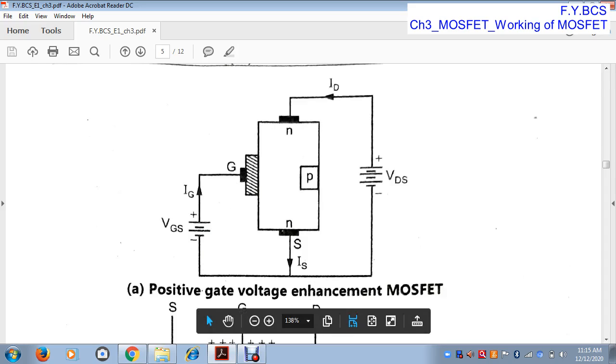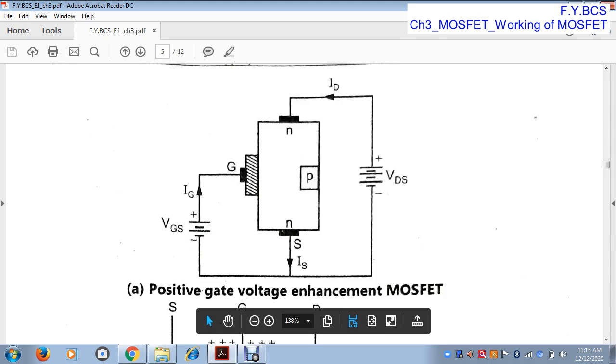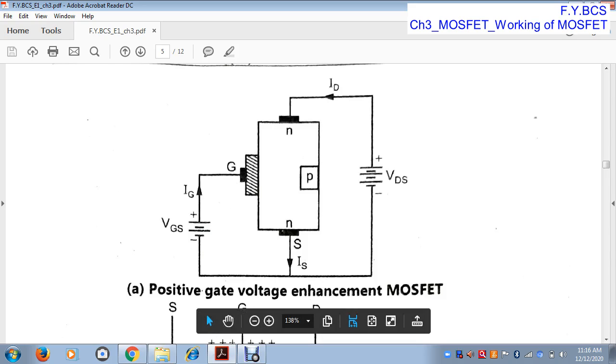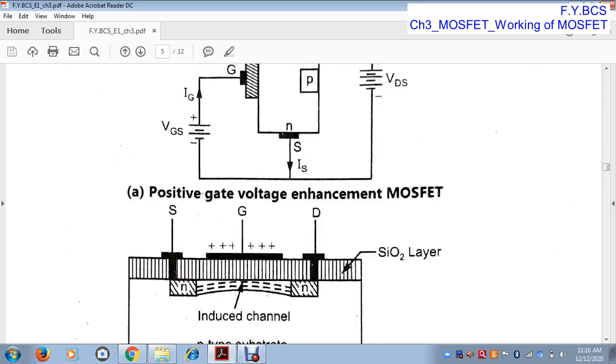VGS means gate to source voltage. Now we use another voltage source called VDS, because it is connected between the drain terminal and the source terminal of the MOSFET. VDS means drain to source voltage. The positive terminal is connected to the drain terminal and the negative terminal of the supply is connected to the source. IG represents gate current, IS represents source current, and ID represents drain current.